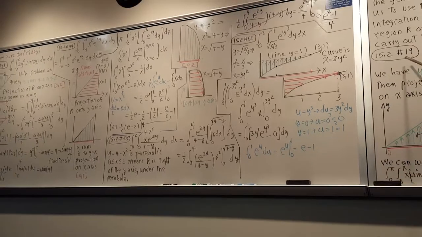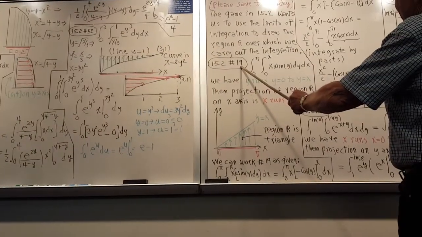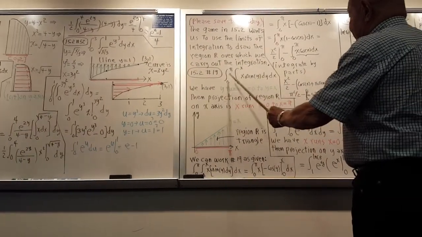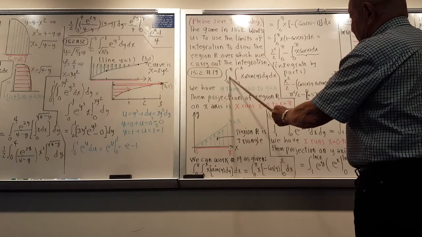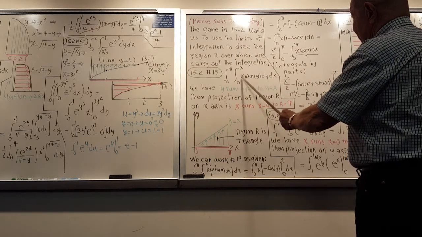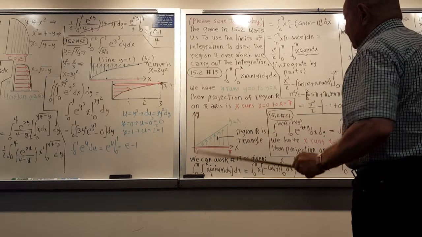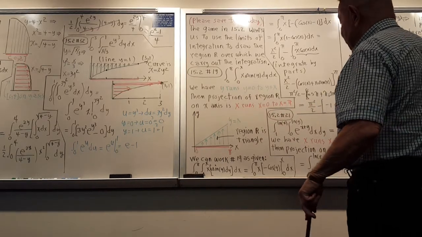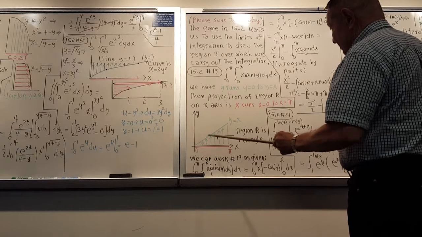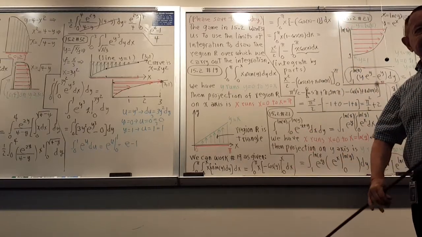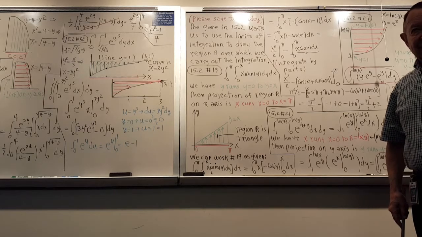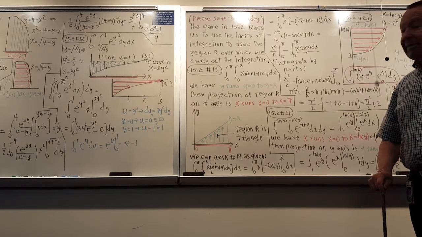So look at problem 19. And you see what we have to do is use the limits of integration as the problem is given to figure out how the region works, how it looks, and then see from how it looks how you would write the problem with the reversed order.